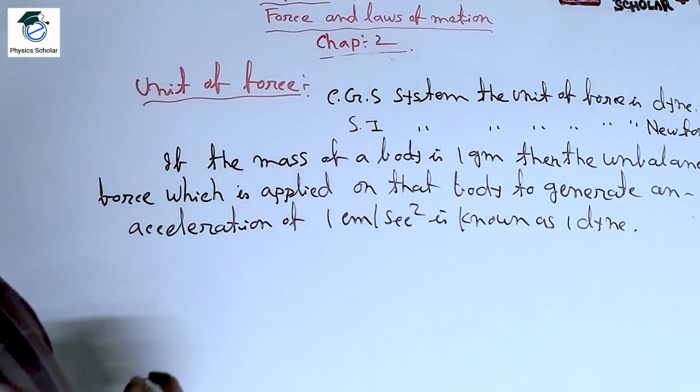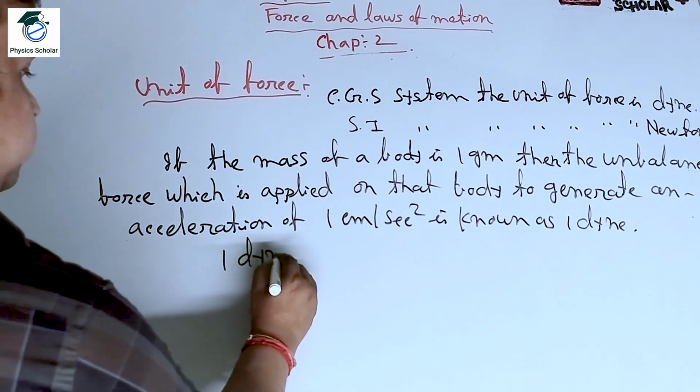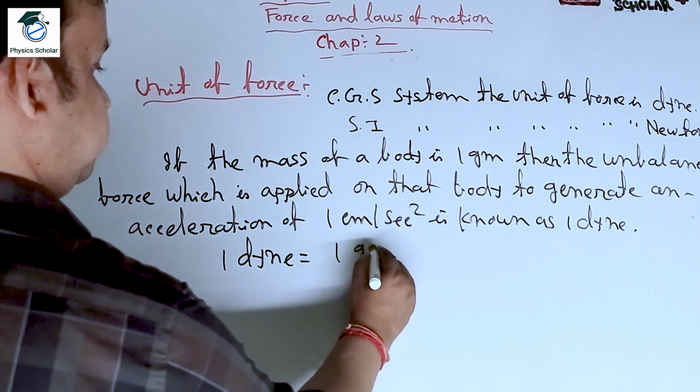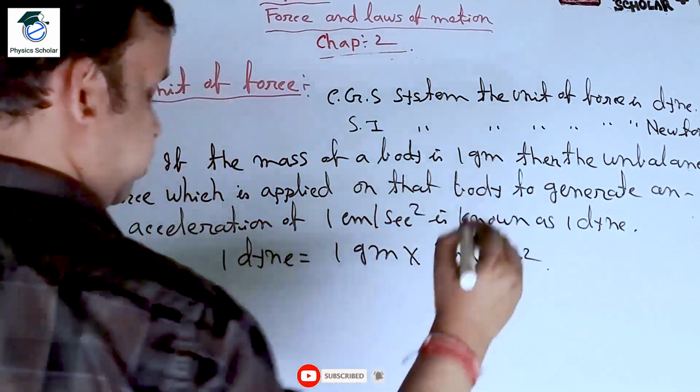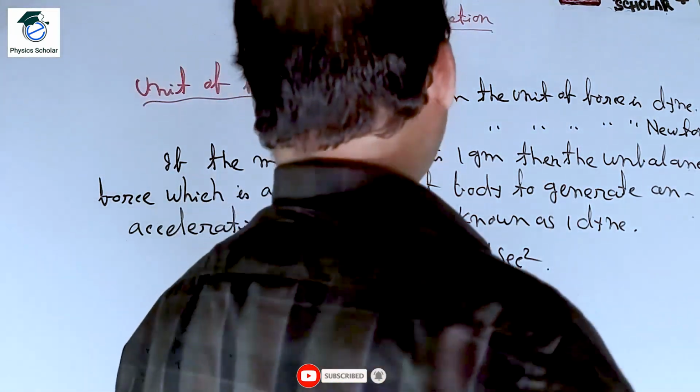Clear? So 1 dyne is equal to 1 gram into 1 centimeter per second square. So this is the definition of dyne.